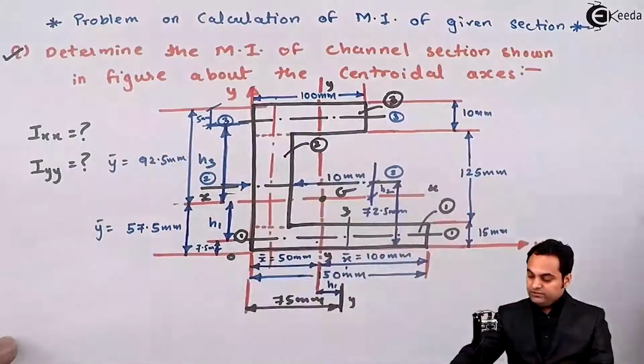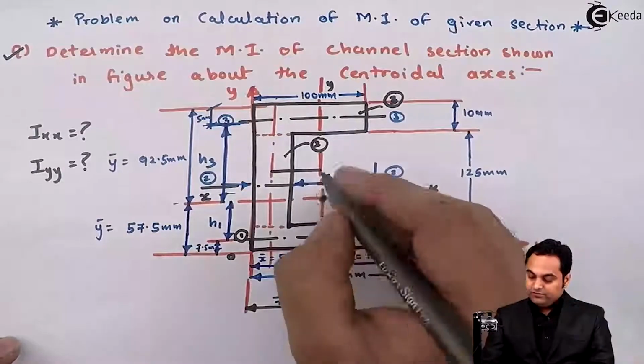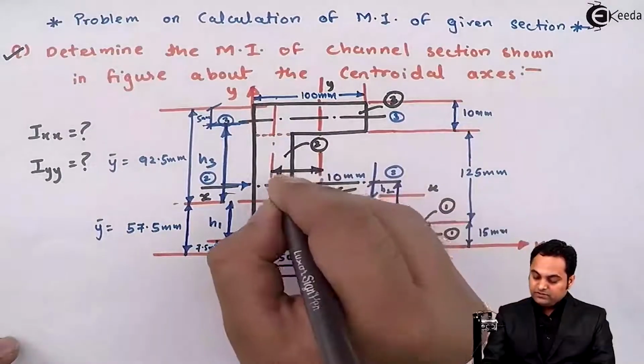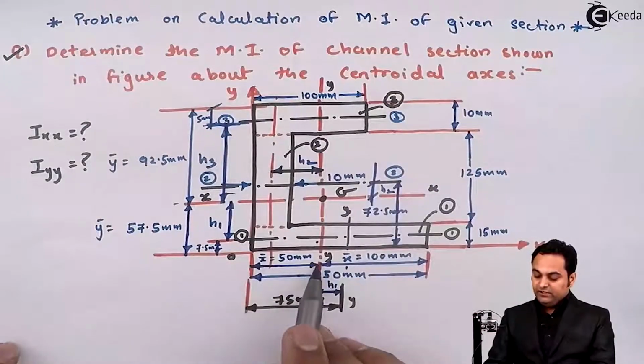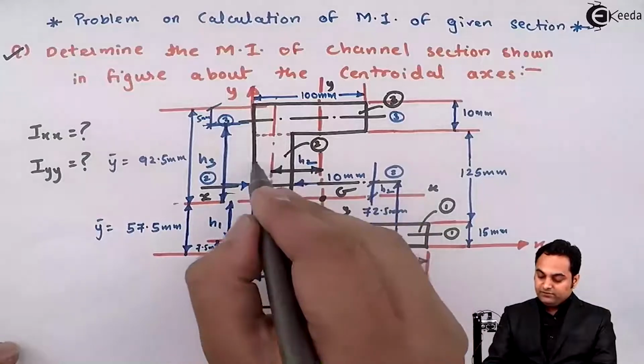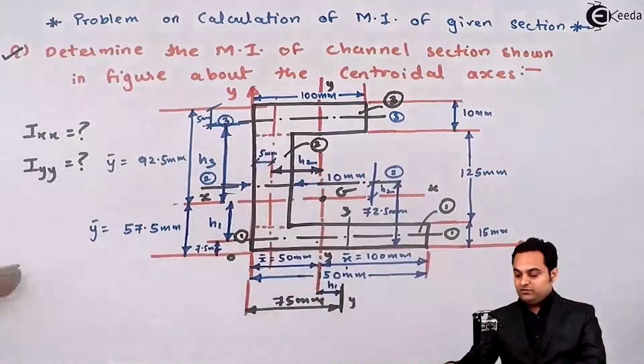So the distance h2 is the difference between the two y-axes. This is h2. So it is clear that it is 50 minus 5 because this distance is 5 mm. So that gives us h2.